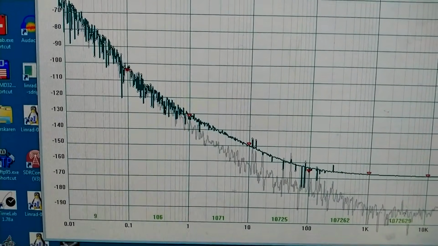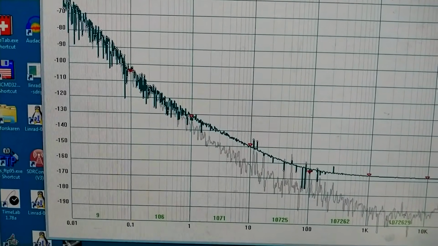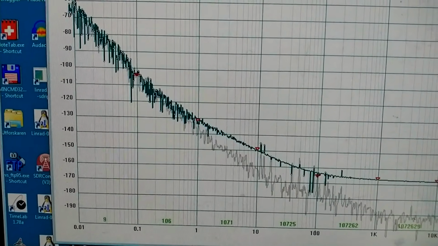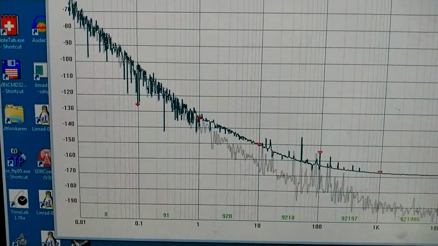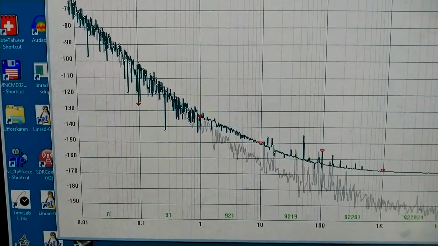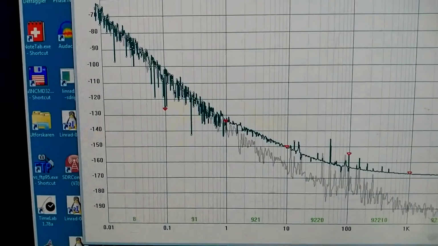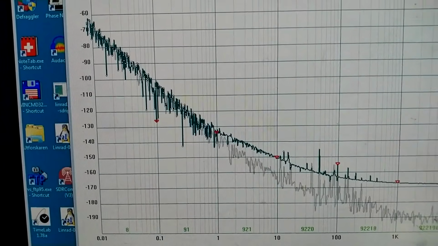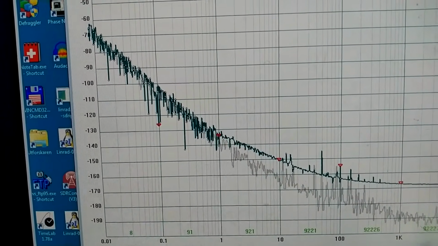This is what I had before without it, so it is a significant improvement at 1 Hz offset. And at even closer to the carrier, the improvement may be bigger, but I cannot see that. It would take far too much time, and I don't know whether my system is good enough to see that kind of noise.